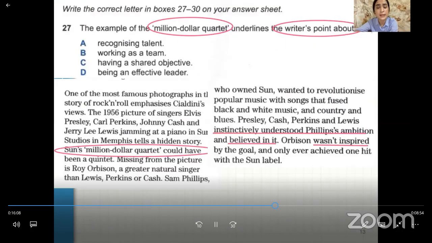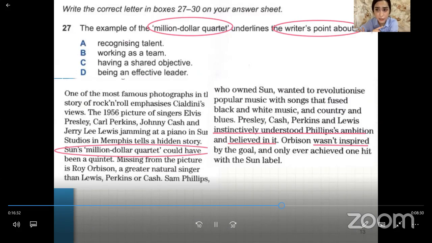But what about an example for the question that asks you to comprehend deeply? So the classic of genre, the example of $1 million quartet underlines the writer's point about what. So $1 million quartet would be the keyword that I would use to locate the information. But again, another life hack for these types of questions would be this one.